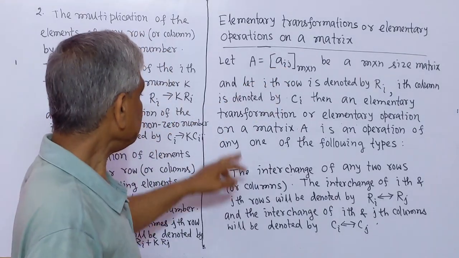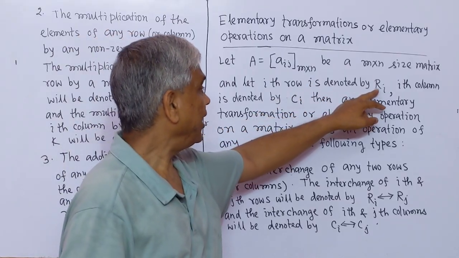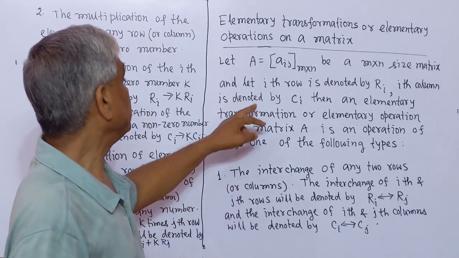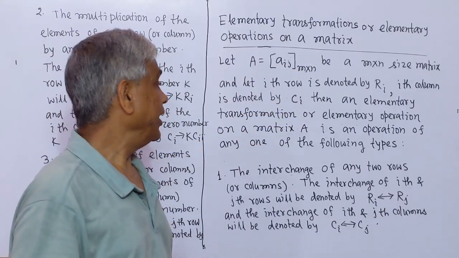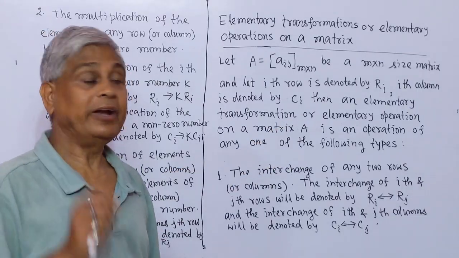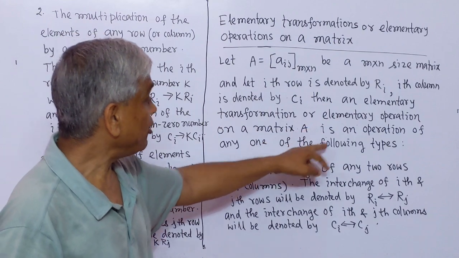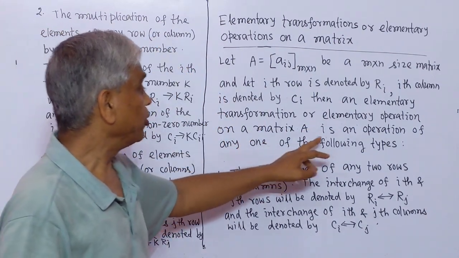Let the ith row be denoted by Ri and the ith column be denoted by Ci. Then an elementary transformation or elementary operation on a matrix A is an operation of any one of the following types.